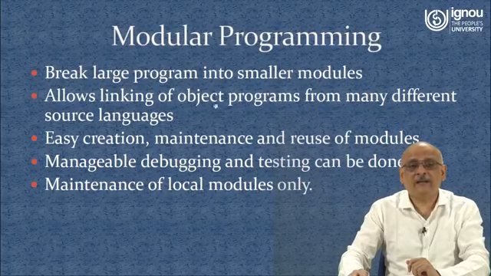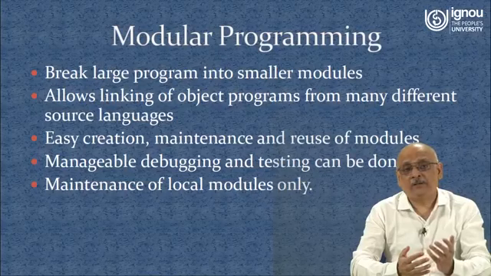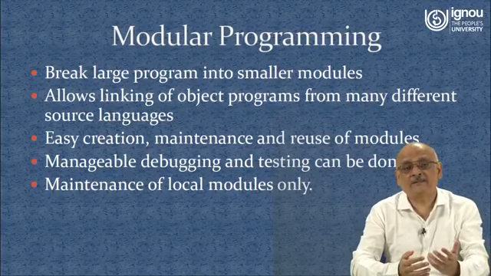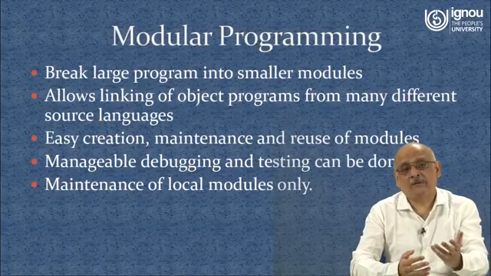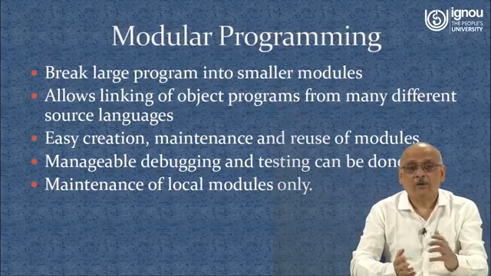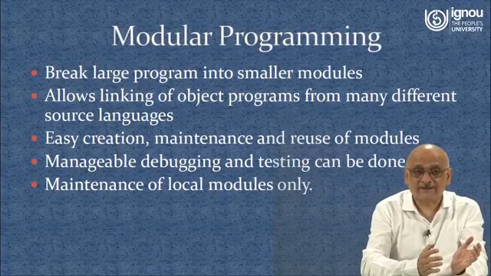Then it allows linking of object programs from many different source languages. Now this is a very important advantage. Many a time you will be hearing from us that an operating system is written in a high level programming language like C or C++ and assembly language programming. Now we are writing programs in two different languages, right?